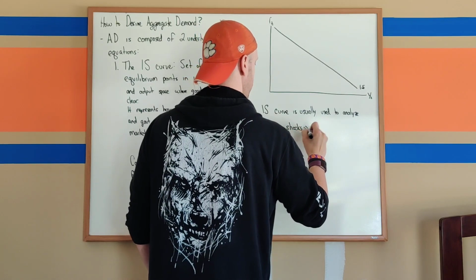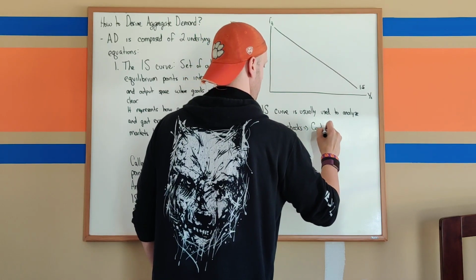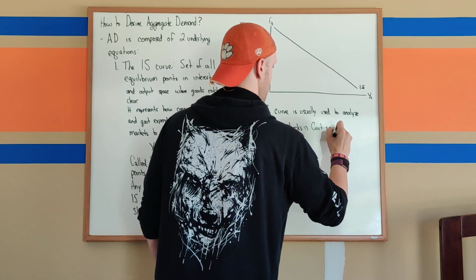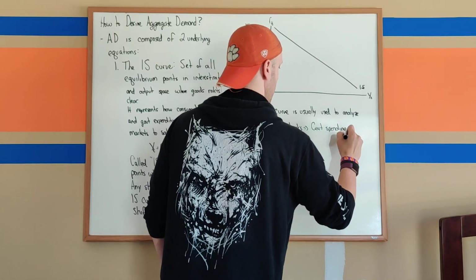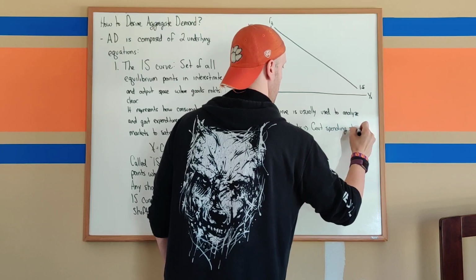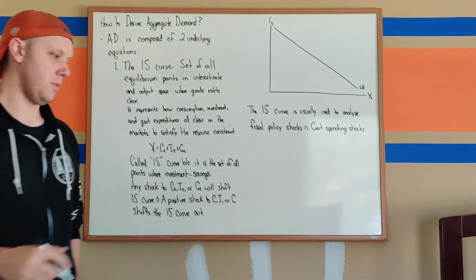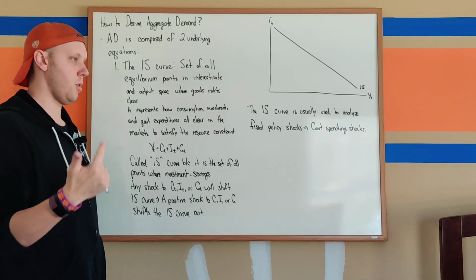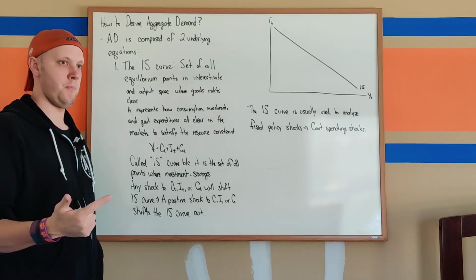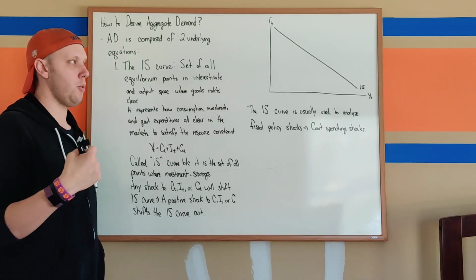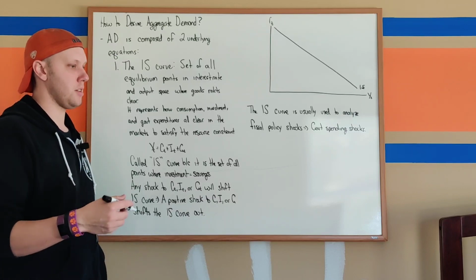Now, what do I mean by that? Government spending shocks. So if the government decides they want to tax more or if they want to borrow more, that would be reflected through a shift in the IS curve.